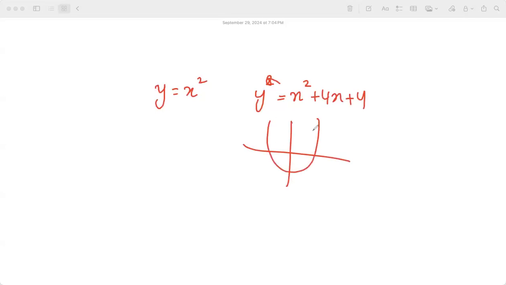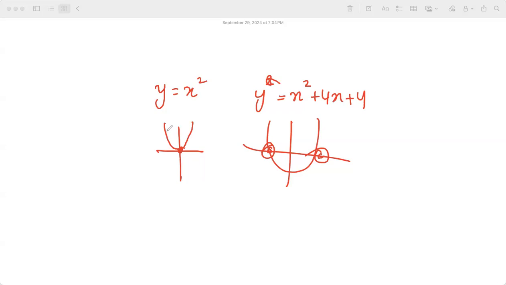To answer your question, y equal to x square, this one I explained to you. y equal to x square plus 4x plus 4 was easily understandable by every one of you because it touches x at one point. For x square, it touches at 0, the x-intercept 0.